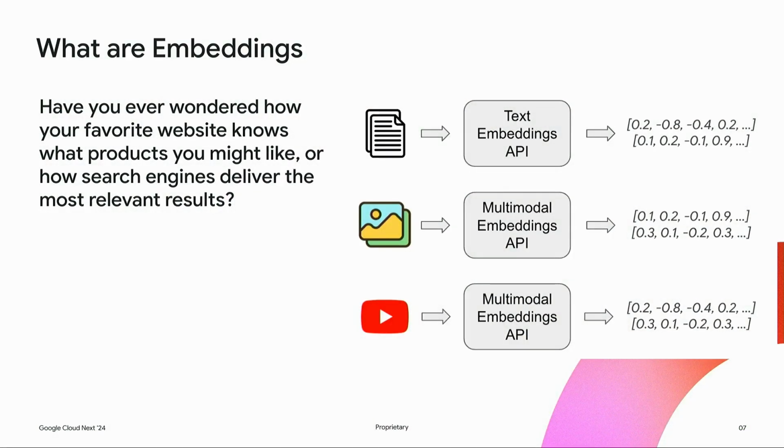Embeddings are basically a numerical representation of data. The data can be text, image, video, any type of complex data. What embeddings do is convert this data into dense vectors of numbers, and similar data ends up close together in the same vector space.